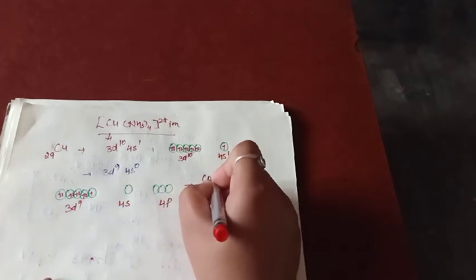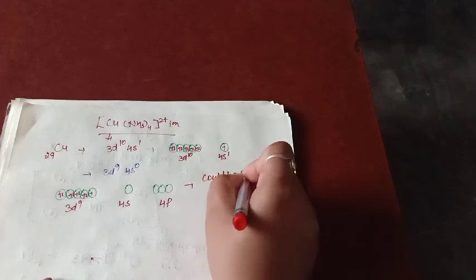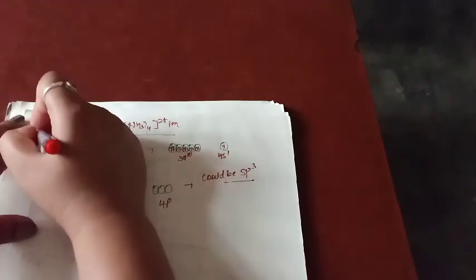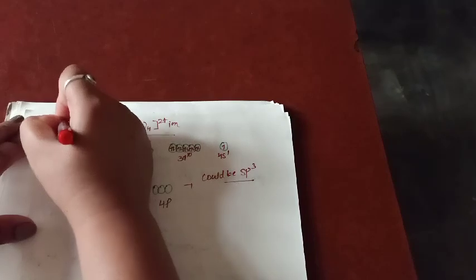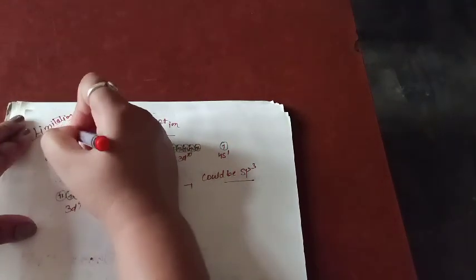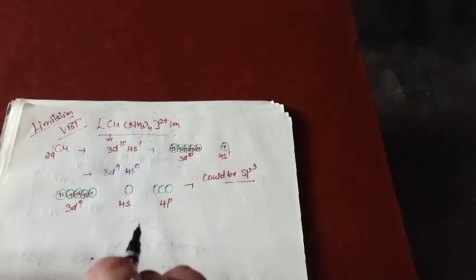Now according to the concept, although ammonia is a strong ligand, as all orbitals are already paired, no pairing will take place. So the hybridization could be sp3. This is a limitation of VBT. This is another limitation, one more that I am discussing here, besides the others I have discussed in the video.